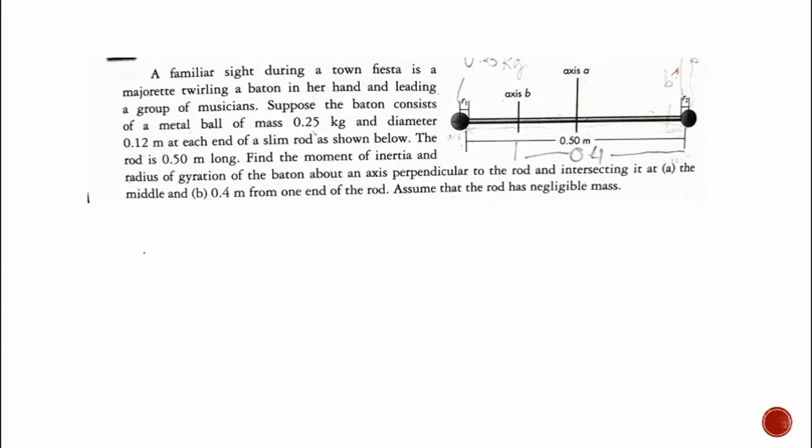Now first we need to identify kung ano-ano yung mga given na makikita natin dito sa may problem natin. First of which is the 0.25, okay, which is actually your mass. We have also right here the diameter, ayan, which is 0.12 meters, and they are pertaining to the metal ball.